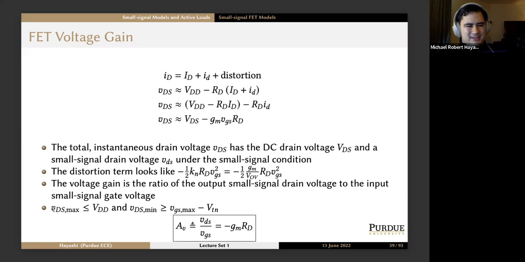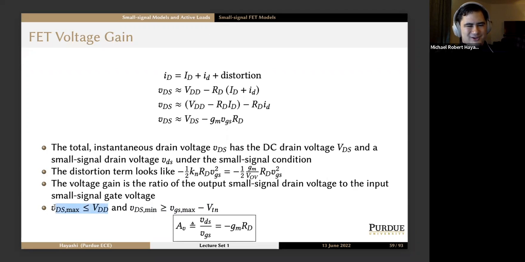And then we're making some assumptions about the range of values for our voltages. The maximum value of VDS, the total drain to source voltage, is going to be less than the supply voltage, and the minimum drain to source voltage is going to be greater than the maximum gate to source voltage minus VTN.